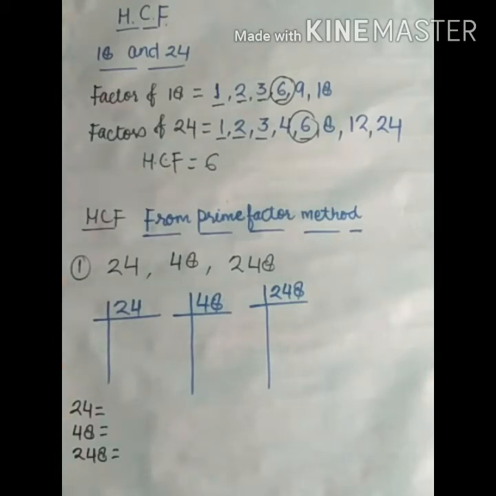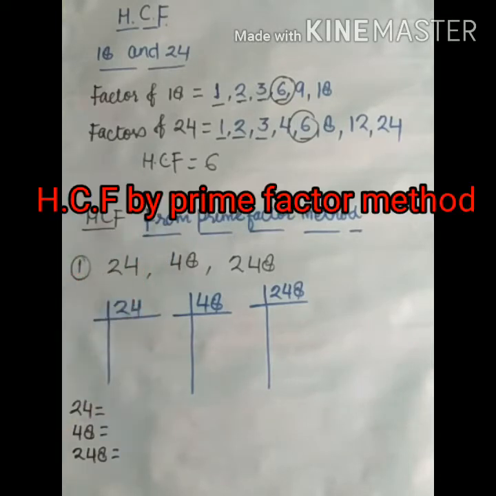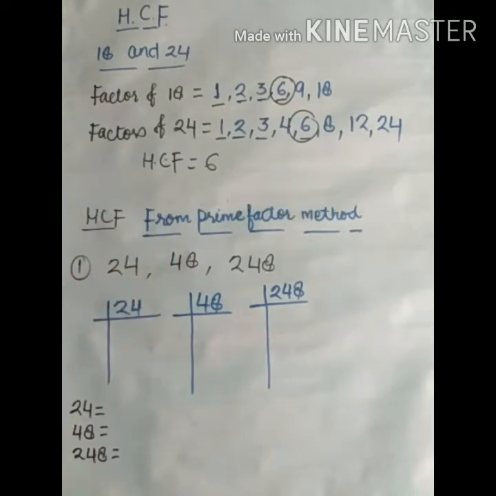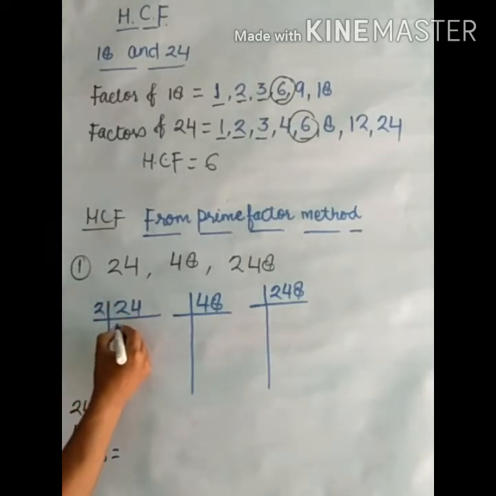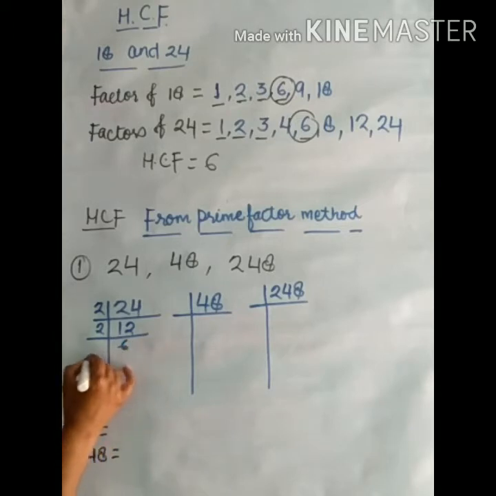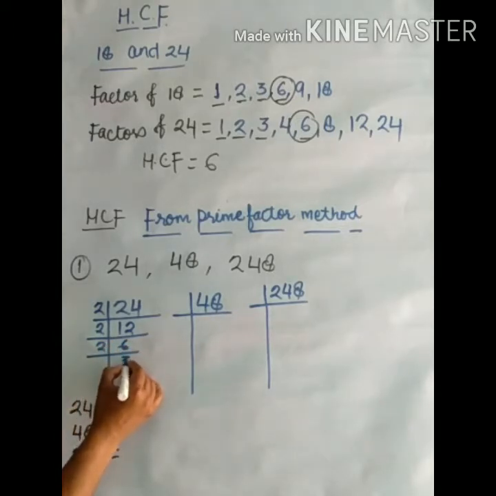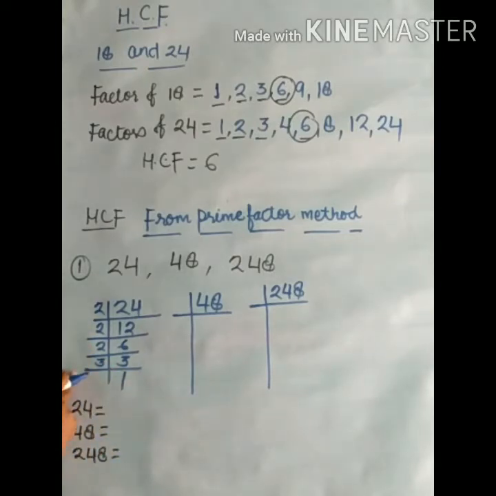Next is the prime factor method for finding the HCF. We are finding the HCF of 24, 48 and 248 with the help of the prime factor method. So we will find the prime factors. You know that while finding prime factors, we divide only by prime numbers. So 24 is divisible by 2, giving 12, again by 2, giving 6, again by 2, giving 3. Now 3 is not divisible by 2, so we divide by 3. So these are the prime factors of 24.